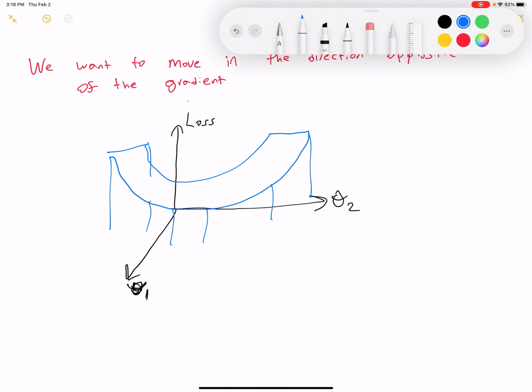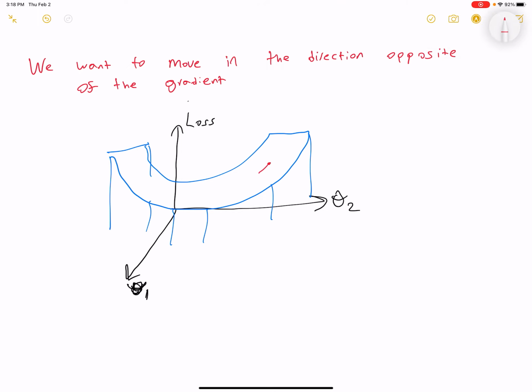So we want to move in the direction towards there. That's moving in the direction opposite of the gradient at any given point. Okay, does that sound good?